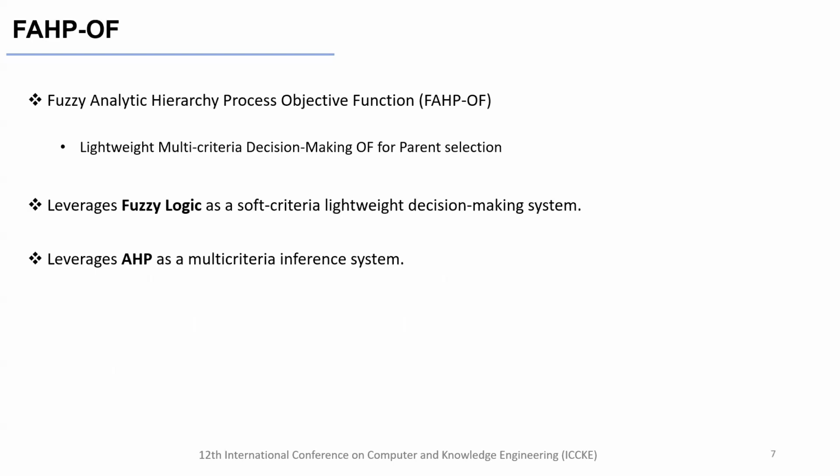Here we propose FAHP-OF, which stands for Fuzzy Analytic Hierarchy Process Objective Function, as a lightweight multi-criteria objective function. FAHP-OF uses fuzzy logic as a soft-criteria, lightweight decision-making system to avoid hard-boundary decision-making situations. Also, FAHP-OF uses the AHP method for comparing variables of different kinds with different levels of importance.